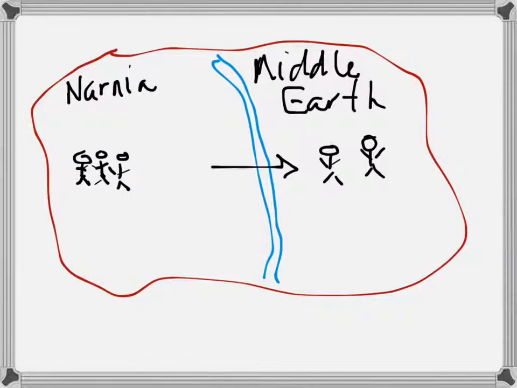Here it's getting kind of crowded in Narnia. It's hard to get farmland. But if we go across the river to Middle-earth, there's plenty of space. So you get this shifting, and eventually, you get people moving in both directions.